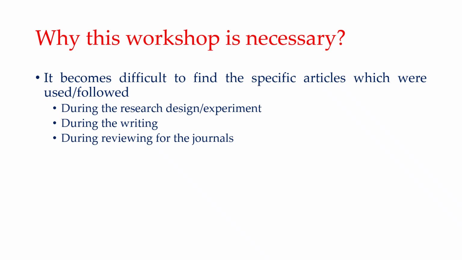Then after that, you have to write the dissertation or thesis. The articles which you have studied during the designing of the experiments, during the research, that are relevant to the topic, you may not be able to find after 2 or 3 years.